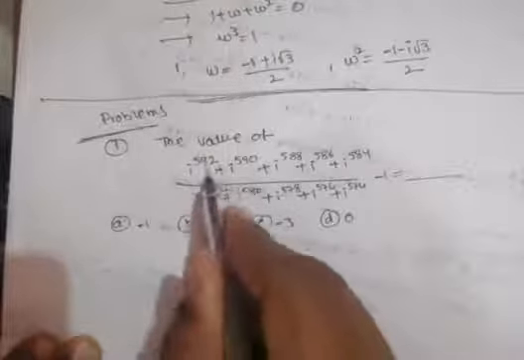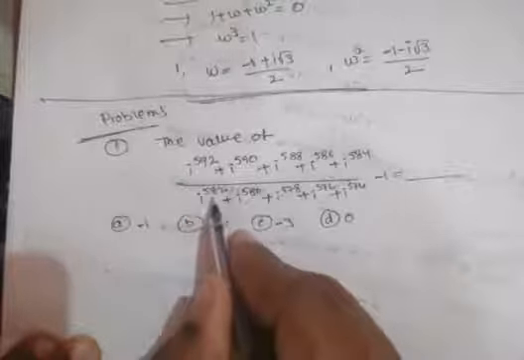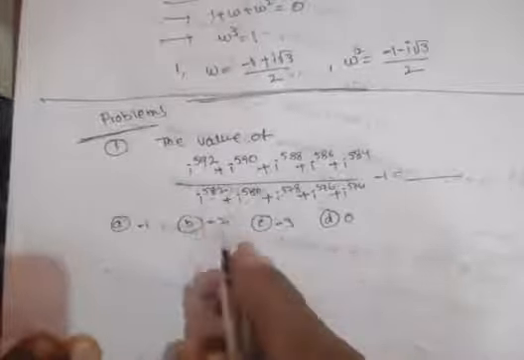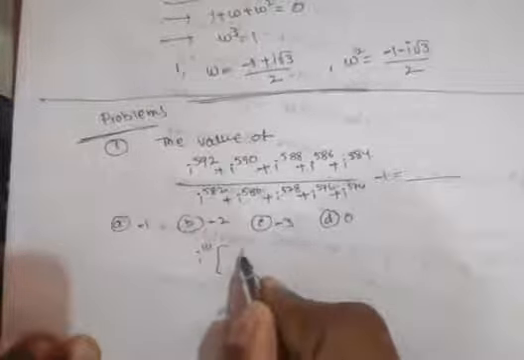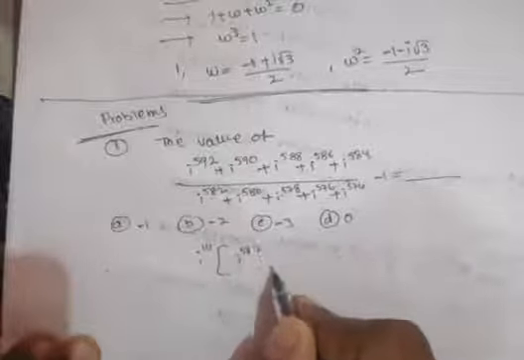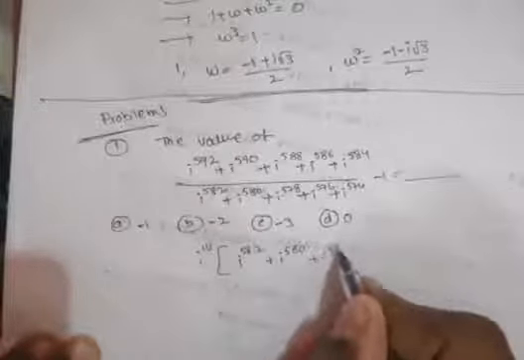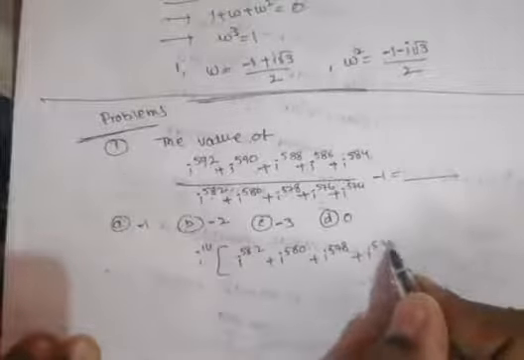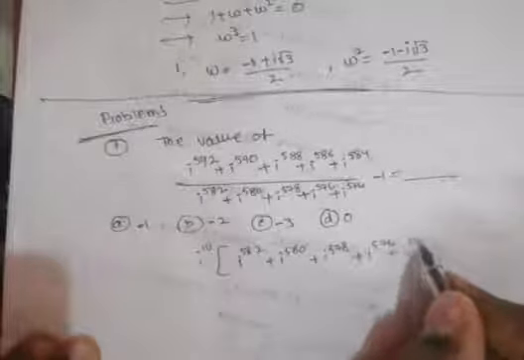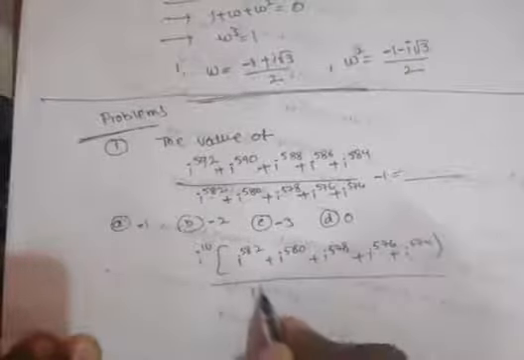When we observe these, there is a gap of 10. Here 92 and here 82, a gap of 10. So taking I to the power of 10 common, the numerator becomes I to the power of 582 plus 580 plus 578 plus 576 plus 574, and the denominator is as it is.